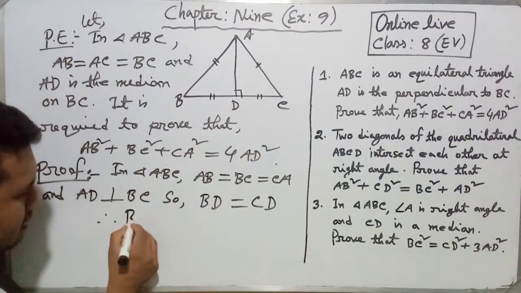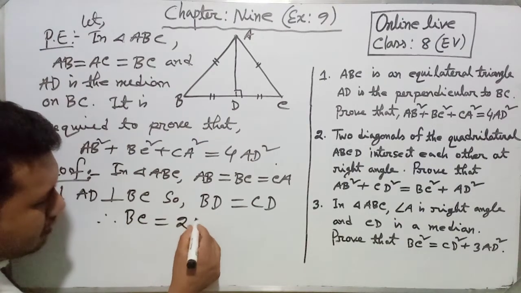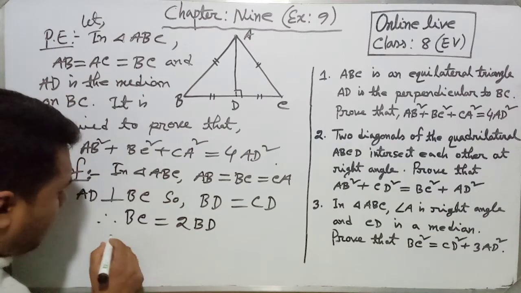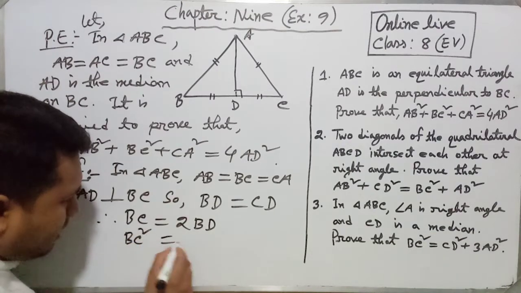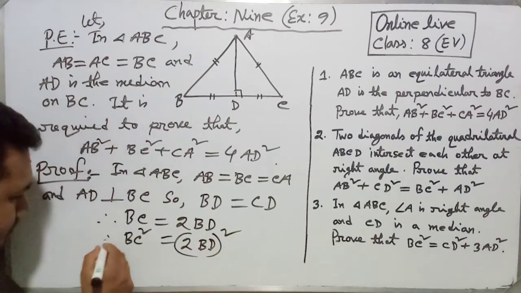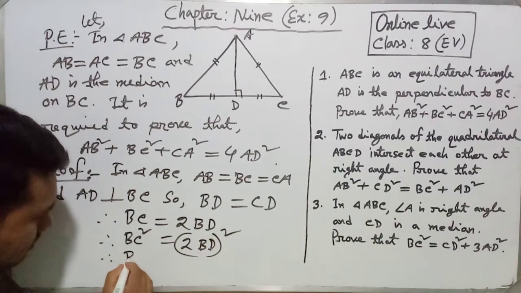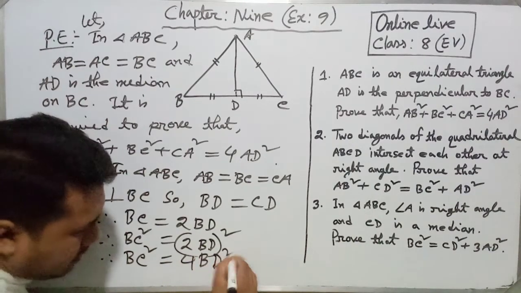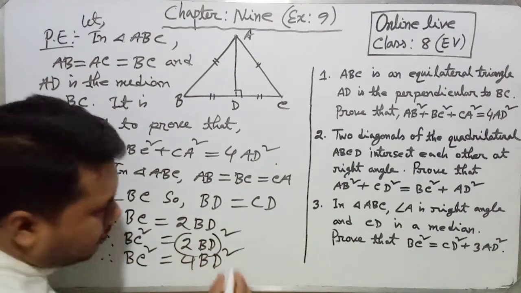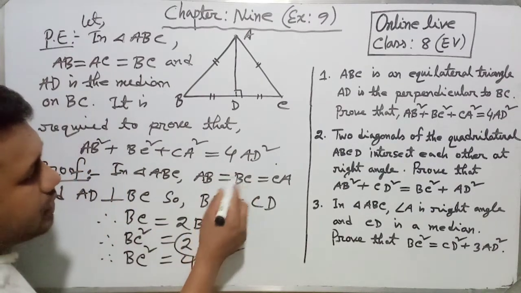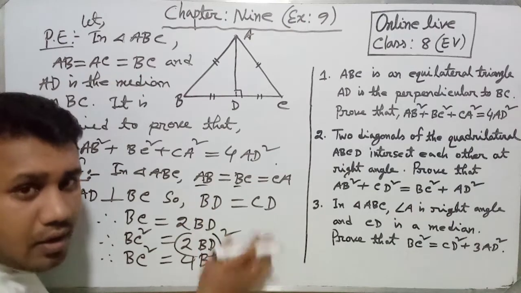So we can say BC equal twice of BD. Now if we square it, it will be 2BD whole square. That means BC square equal 4BD square by squaring both sides. Clear? Now look, BC square equal, look dear student, AB and BC both are equal.